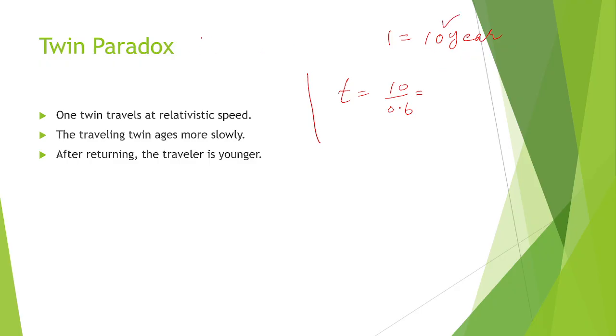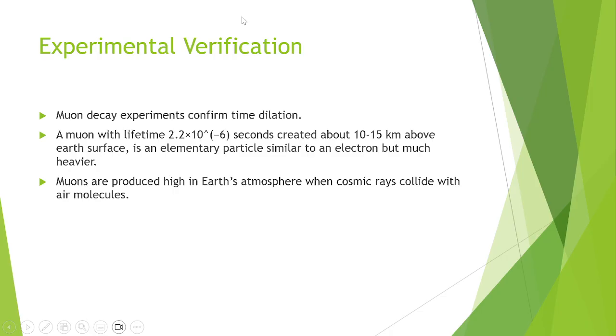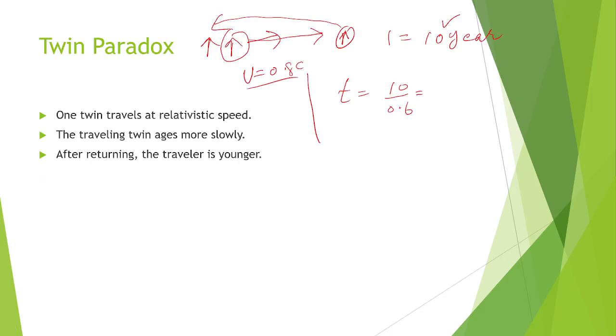So we have two twins of the same age. This one is in the ship, and 10 years passed in the ship. This ship is moving with the velocity v equal to 0.8 c. So it goes away, and 10 years after, it comes back. So its age is 10 years.